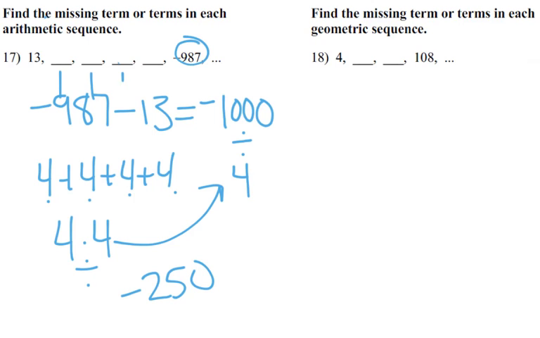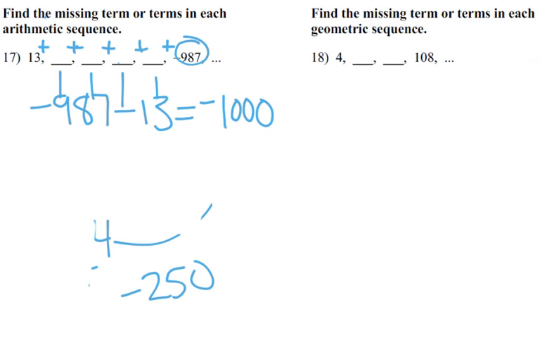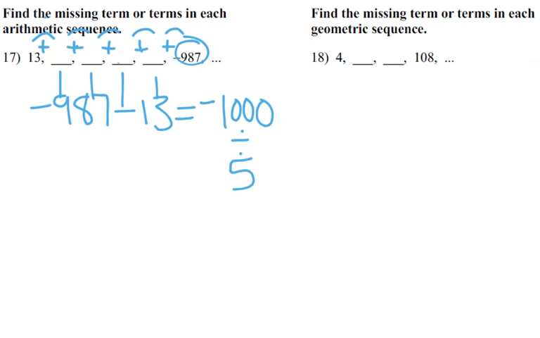There's 4 zeros, but how many times do we have to add? 1, 2, 3, 4, 5. Okay, remember, add 1 to that or you'll make the mistake that I did where we get to our answer too quick. Okay, so there was actually 5, so we should have divided by 5 because it's how many jumps we're making to get to our next numbers. So that would be negative 200. Okay, so 13 minus 200 is negative 187.